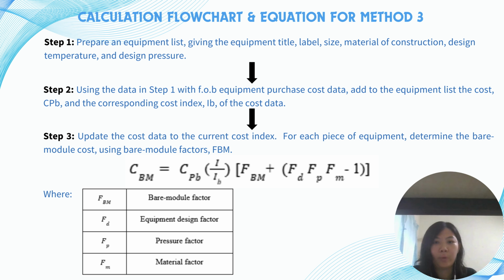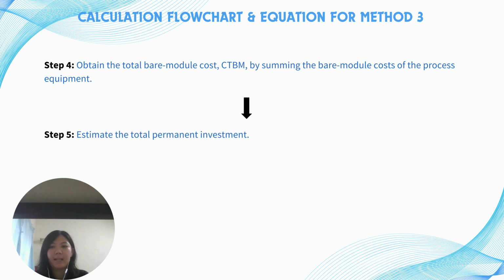For each piece of equipment, determine the bare module cost using bare module factors FBM by using the following equation. FBM is the bare module factor, FD is the equipment design factor, FP is the pressure factor, while FM is the material factor. Then the next step is to obtain the total bare module cost by summing the bare module cost of the process equipment and estimate the total permanent investment.